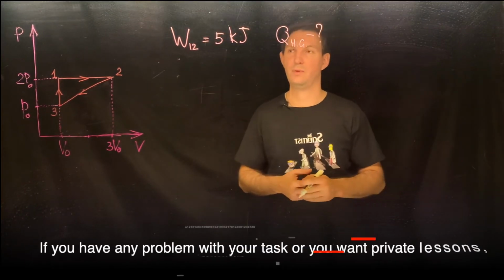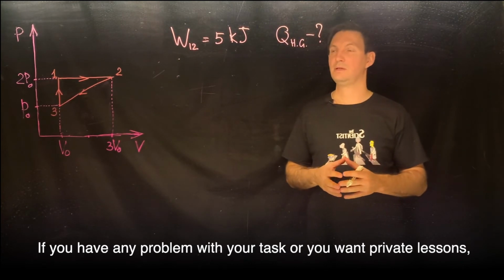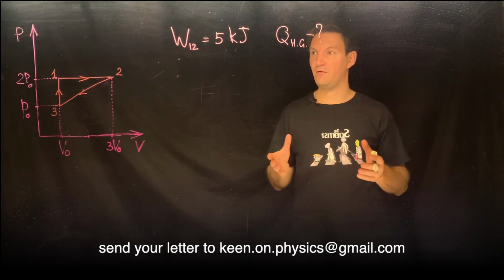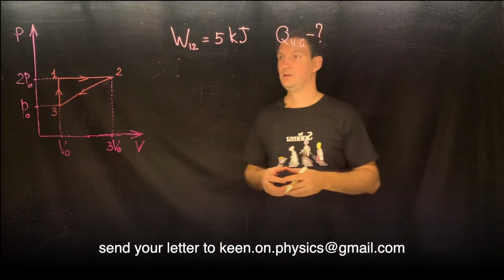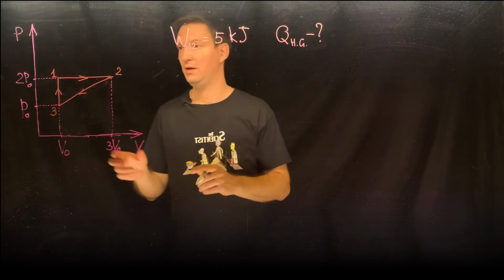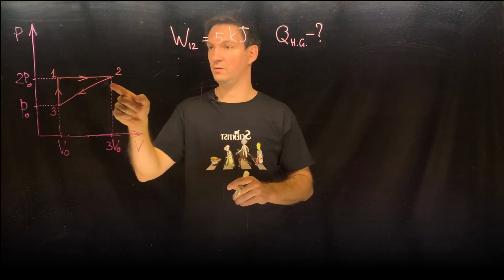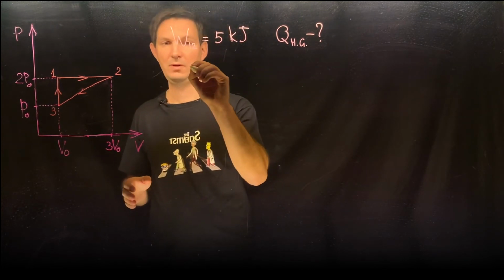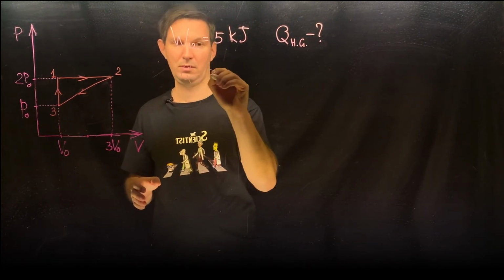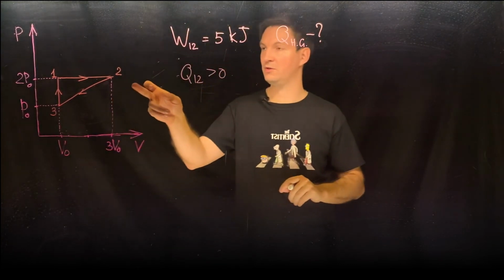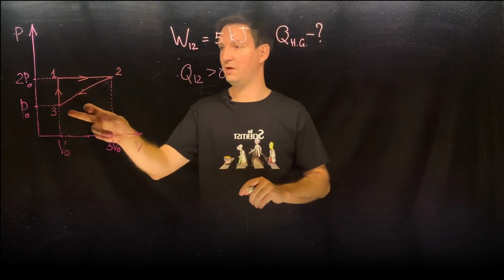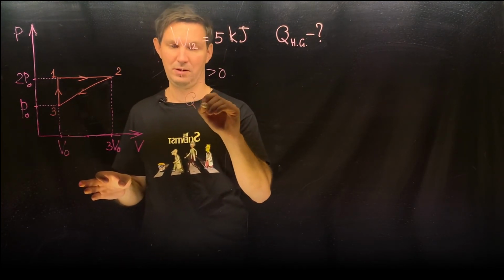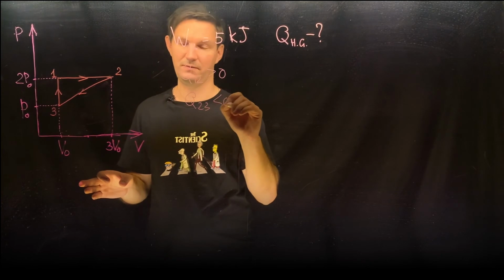Let's get back to the question. The question is how much heat does the gas give off per cycle. So we see that in the transition from state 1 to state 2, the quantity of heat is positive. In the transition from state 2 to state 3, the quantity of heat is negative.